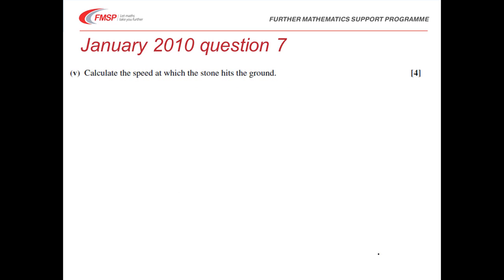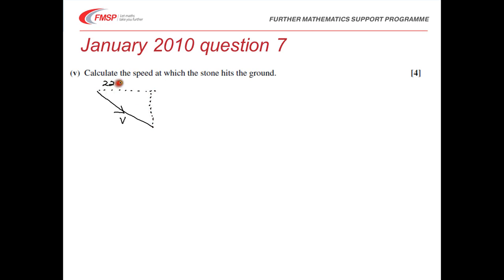One final part complete. Part 5, we have to calculate the speed at which the stone hits the ground. Now as the stone comes towards the ground, it's going to have a horizontal component to the velocity and a vertical component. The horizontal component we already know, because the horizontal motion is always the same velocity in this case.